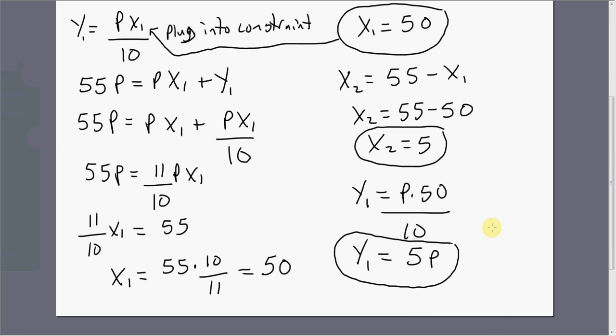All right, let's move on now to consumer 2. We're going to maximize utility for consumer 2. We're going to do the same thing, get the respective marginal utilities.